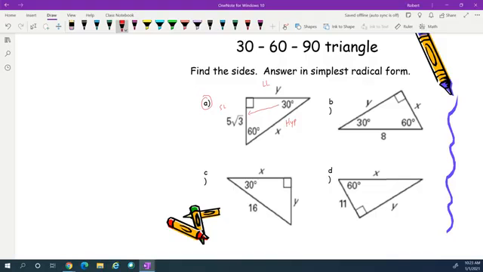Now I'm looking for two things. I'm going to do x first. That's the hypotenuse. So I'm going to use hypotenuse equals short leg times 2. That's x equals 5 square root 3 times 2, and I get 10 square root 3.